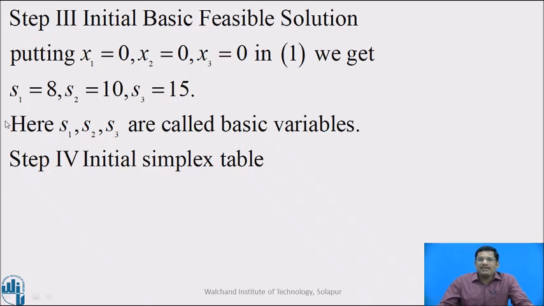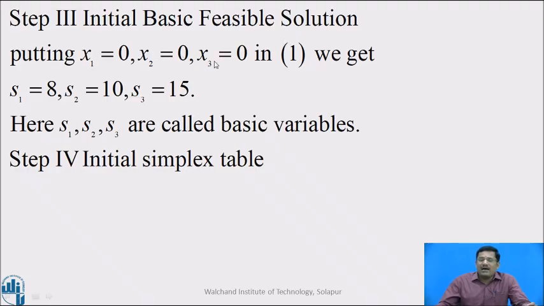To obtain it, we substitute the values of x1, x2, x3 as 0 and get the values of s1, s2, s3 as the right hand side constants 8, 10, 15 respectively. So this is our initial basic feasible solution.